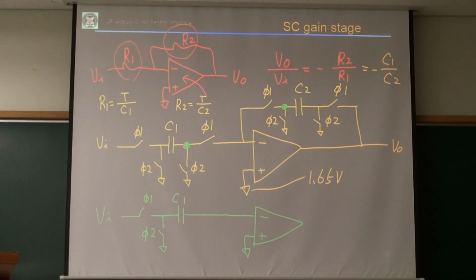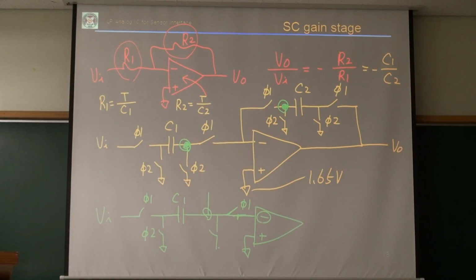So this node is that node, and we just short them together. But the thing is, it should be connected, so I need a switch here. During phase 1, it's connected to the op-amp virtual ground.